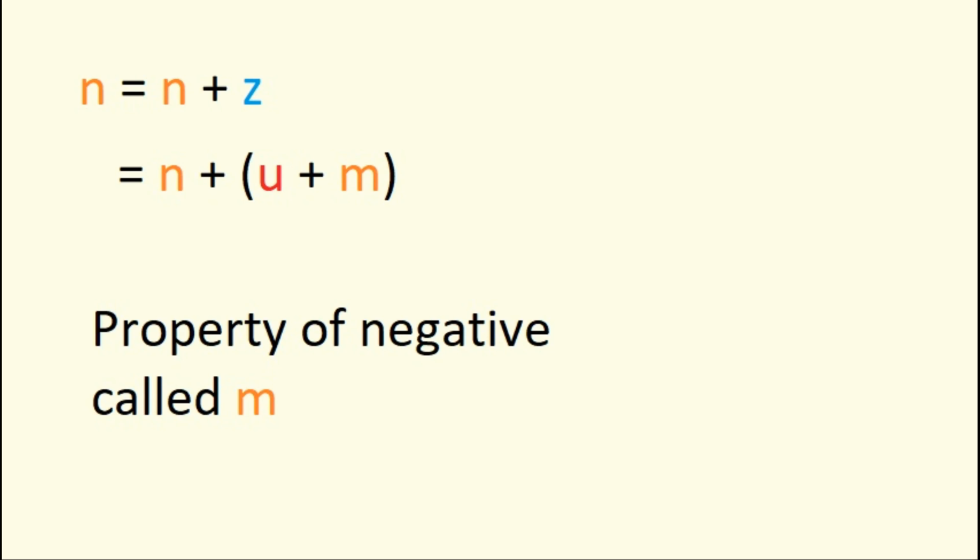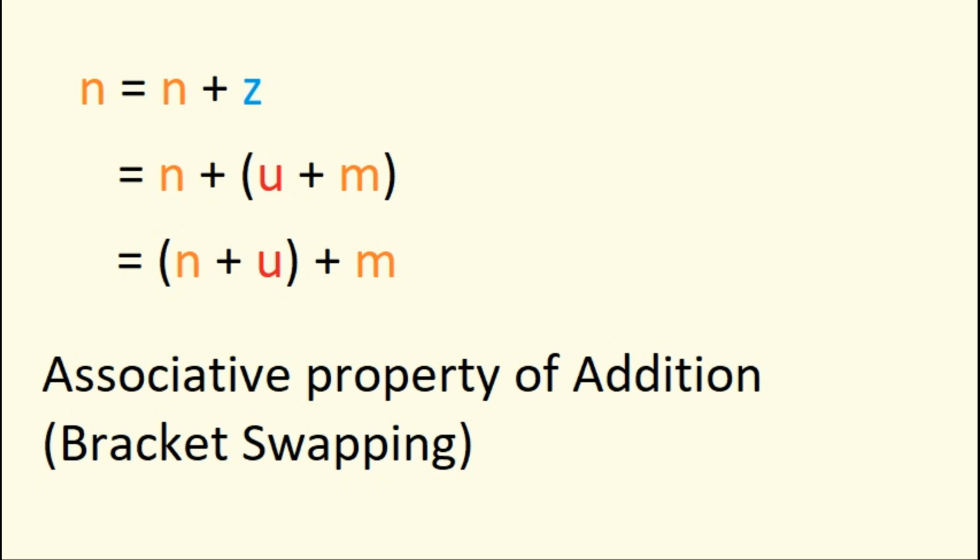We use the property of the negative called M to expand the expression again. We then use the associative property of addition to swap the brackets, which is the only line in which the expression is manipulated. Even though it doesn't seem to do much, it does cause the expression to simplify to something different.